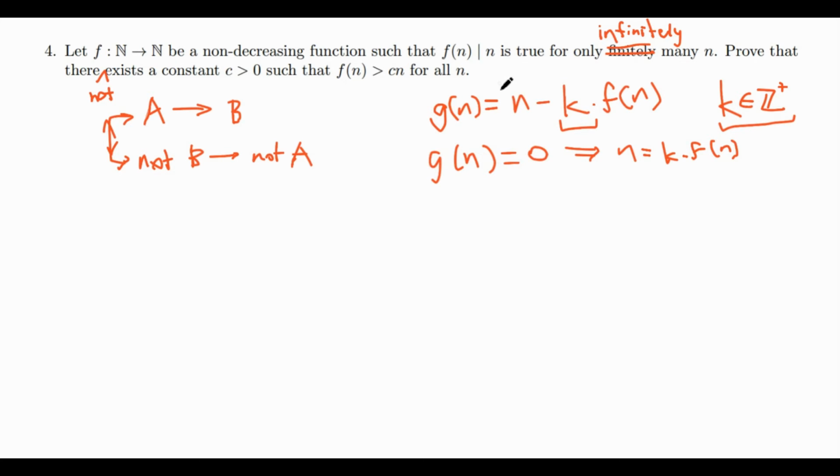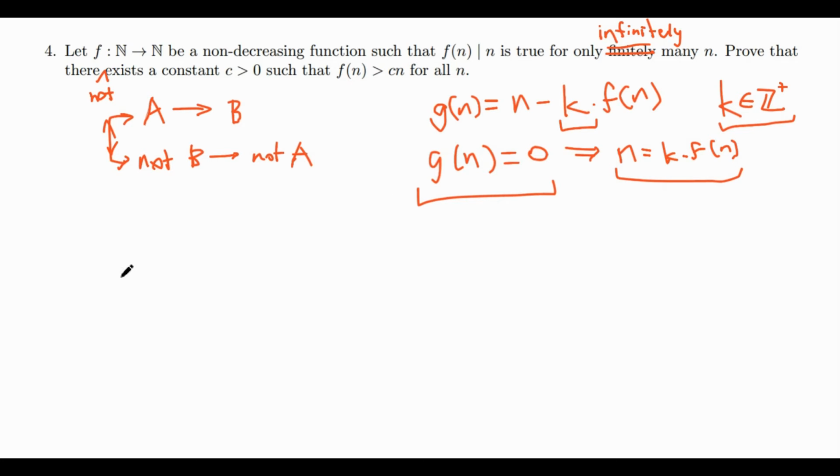If two of the n's that we find from different values of k are the same, well, that's not possible because of this equation, n equals k times f of n. We can't have k be two different things and have both of these corresponding equations still be true. So now we need to show that this is true for infinitely many k.